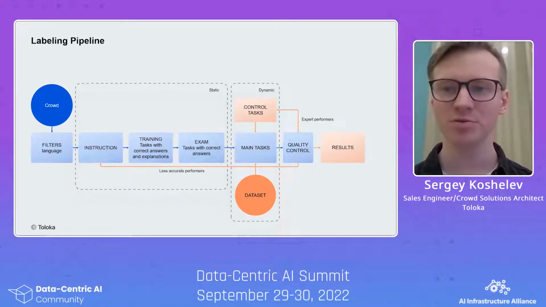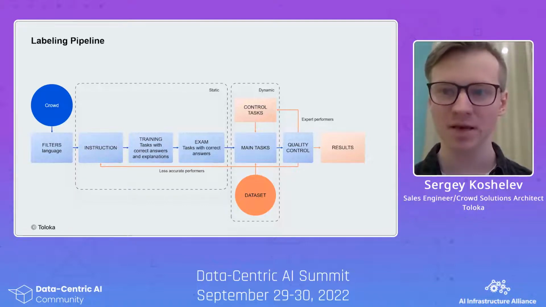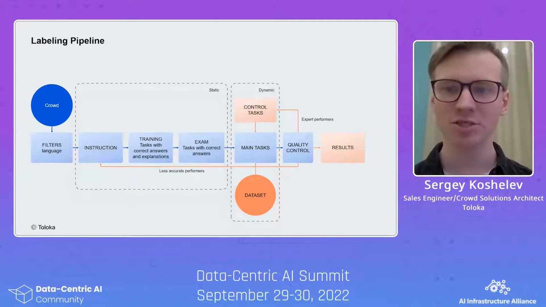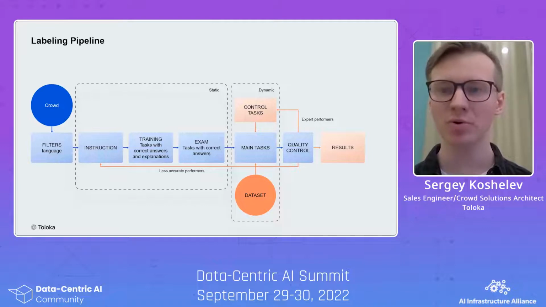Then, when you've chosen this potential subset of annotators, you provide them with your instructions. And after they read the instructions, they go to training, which is usually a small set of tasks with known correct pre-labeled answers and explanations, so that when an annotator makes a mistake, he or she is shown a hint describing how the labeling should have been done.